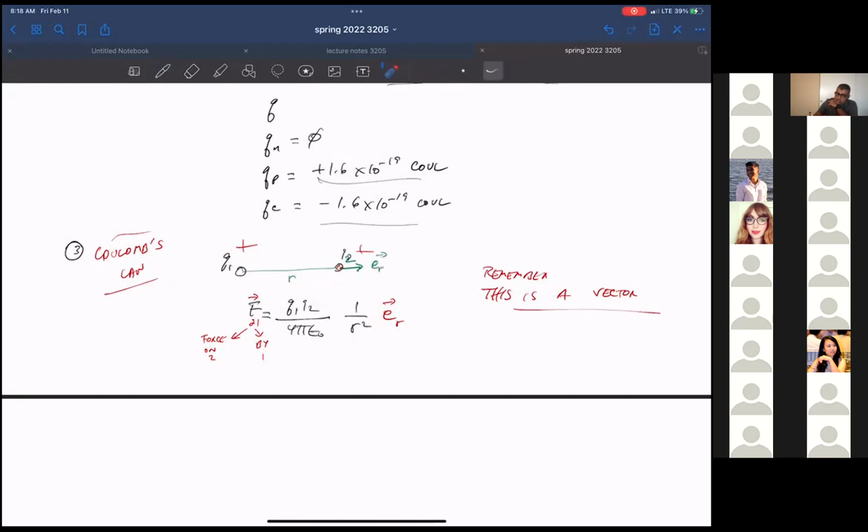This is a unit vector, so it's only giving me direction and no amplitude. The reason for that is then I can play with the amplitude part of this equation separately from the direction part. I'm trying to think of an analogy. I think of the amplitude as your foot on the gas and the direction as the steering wheel.